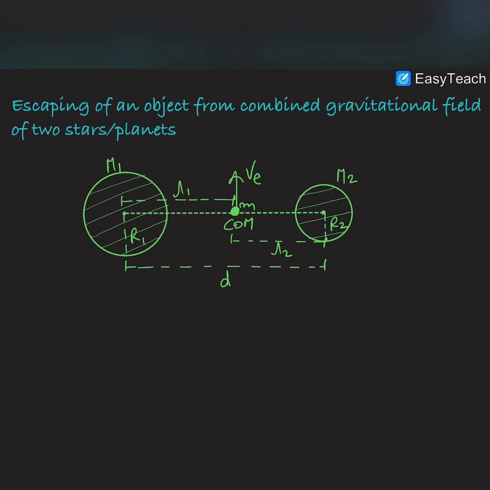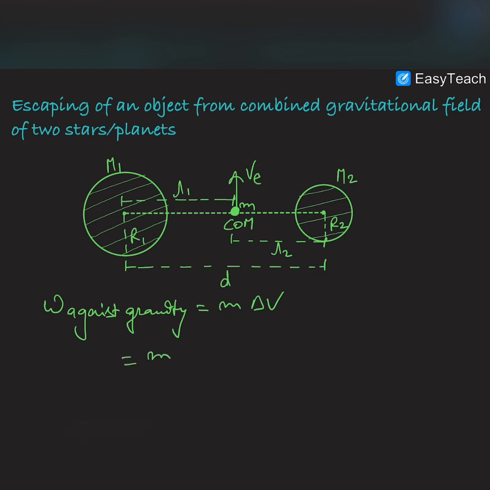The distance between the centers of these planets is d, and we need to project a mass m from the center of mass of these two planets in such a way that it escapes out of the gravity of these two planets. So obviously, the work done against gravity would be equal to m delta v, where m is the mass being projected and delta v is the change in potential.